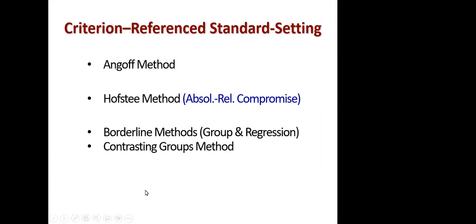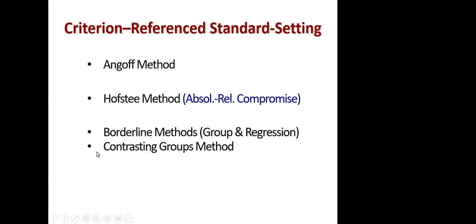And then there is the Hofstee method, which is a compromise method between norm and criterion. Norm-based methods are also known as relative methods, and criterion reference methods are also known as absolute methods.